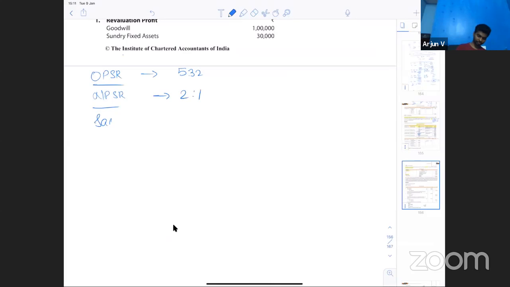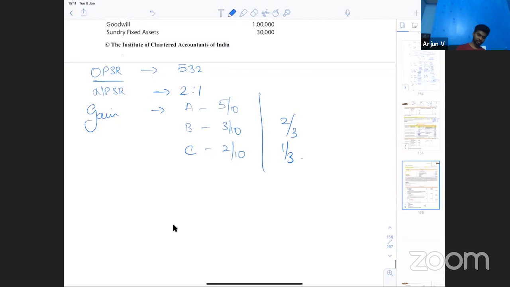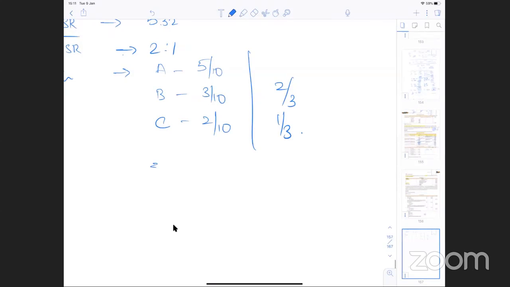Therefore, sorry, gain ratio is, so A, B, C: 5/10, 3/10, 2/10, then 2/3, 1/3. So what's going to be your sacrifice ratio?